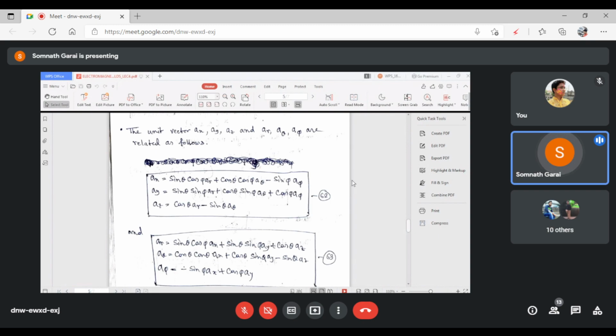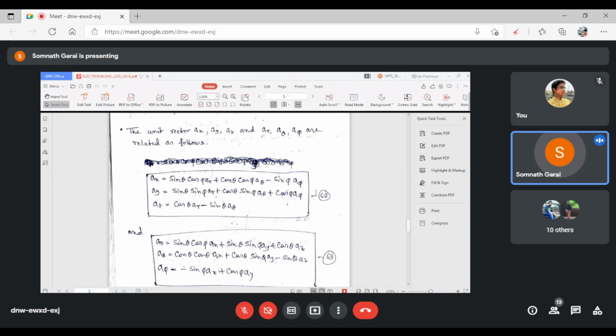So equation number 62 represents the relation of the unit vectors of Cartesian coordinate in respect of spherical coordinate, that is ax, ay, az.